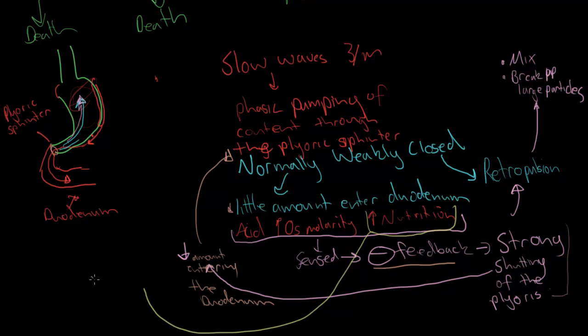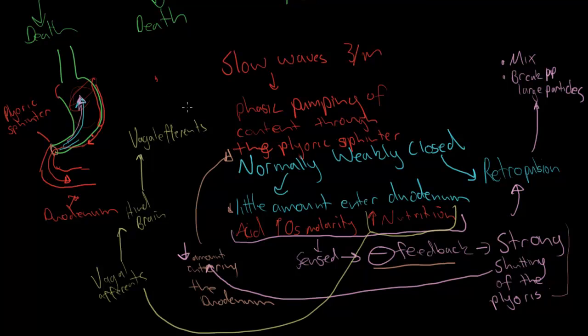Vagal afferents will then go to the hindbrain. Especially if you're eating really dense food, this is going to cause the vagus to send out its vagal efferents.